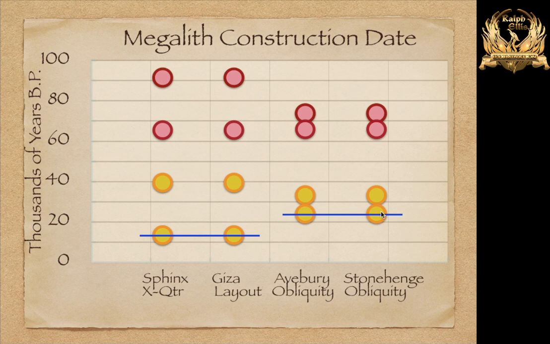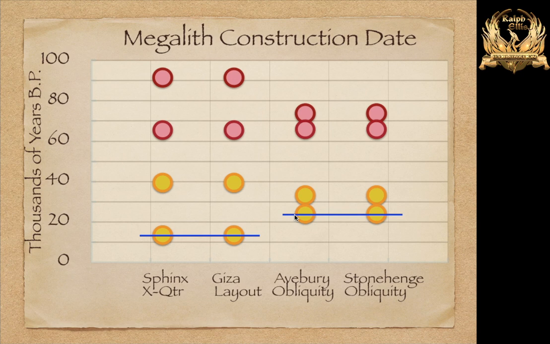But then we have this 10,000 year hiatus where nothing was happening before the Giza site was built, which you might say explains why Giza and Dashur are more technical than Avebury and Stonehenge. I don't know, that could be an argument. But we get this 10,000 year gap between these two megalithic sites.